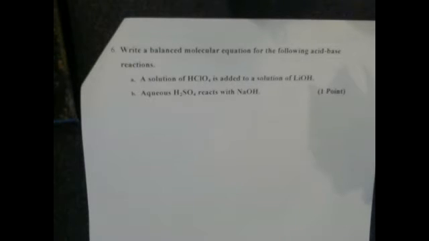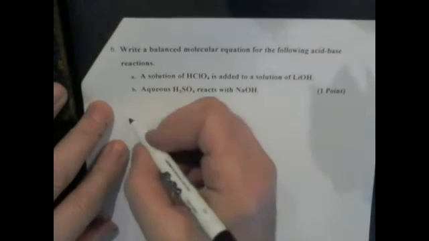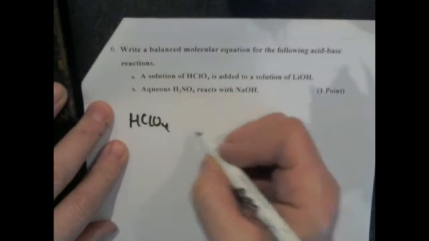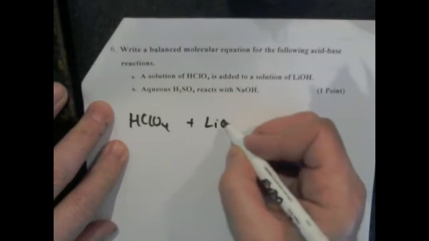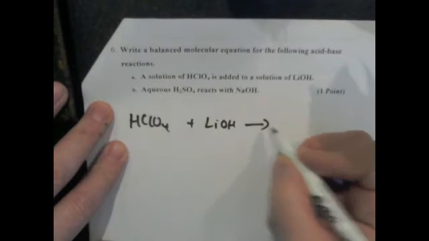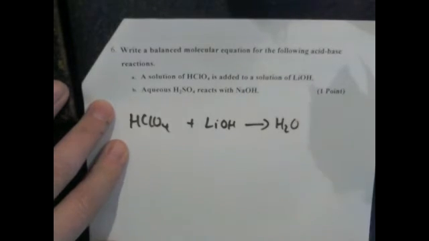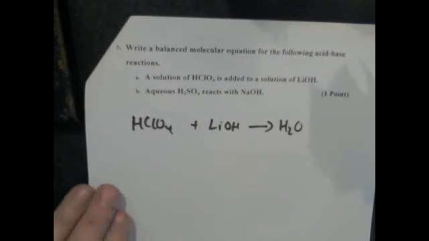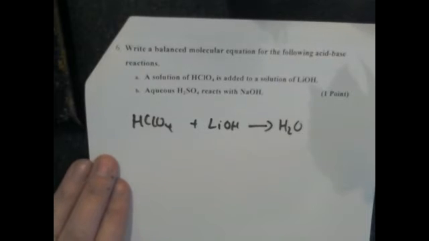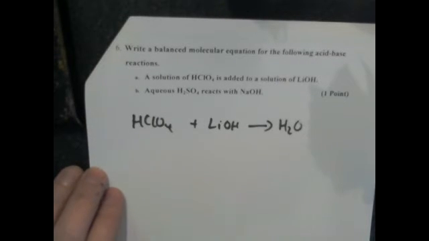So the challenge is always figuring out the ratio of the acid to base and the formula of the ionic compound. So let's write our acid and our base for the first one, then our arrow, and we know that one product will be water, and now we need to just figure out the formula for the ionic compound.